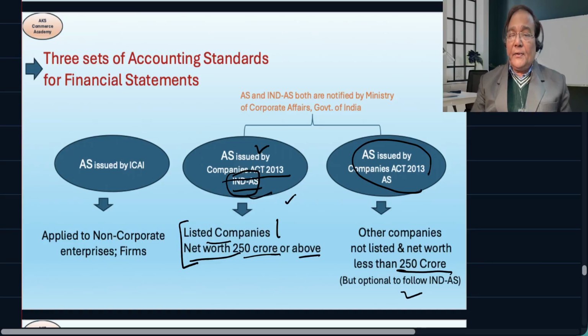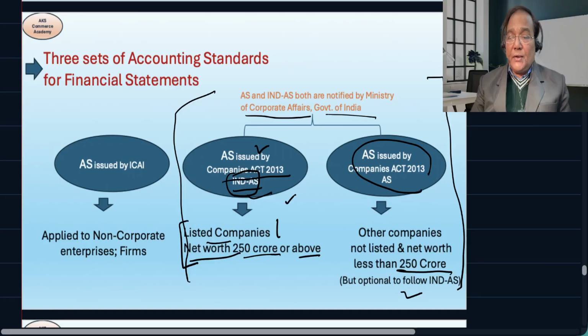Both AS and Ind-AS are notified by the Ministry of Corporate Affairs, Government of India. Those who do not fall into this category, but are a little lesser than 250 crore, follow this, and firms and enterprises follow the accounting standard issued by ICAI.